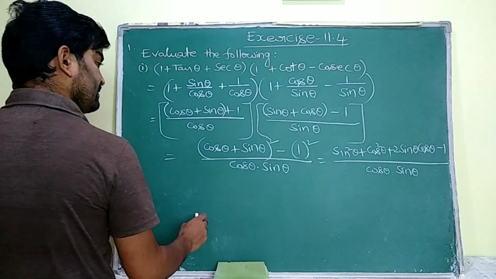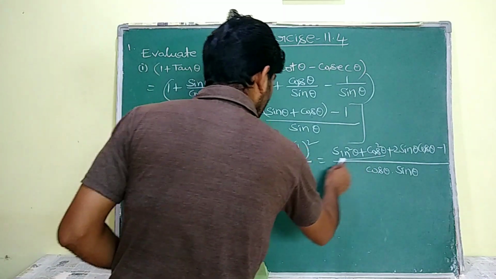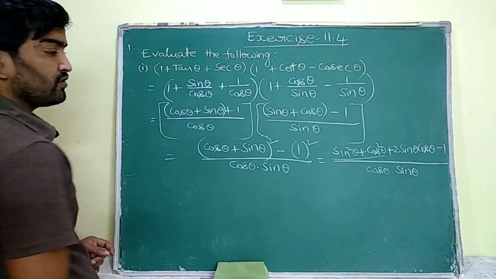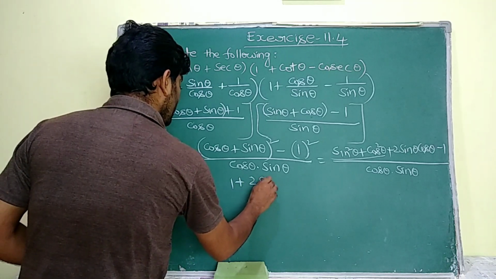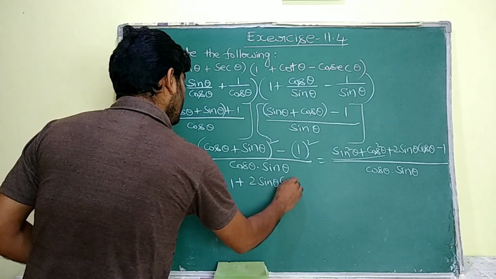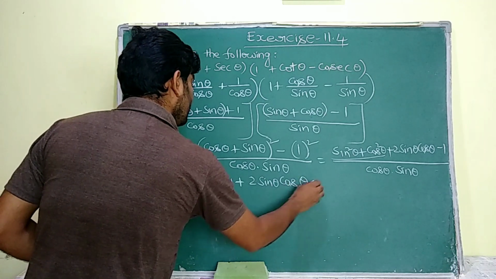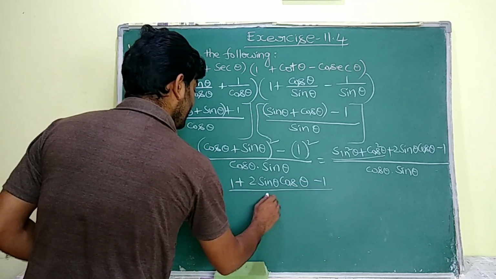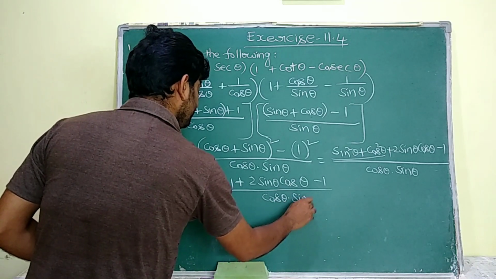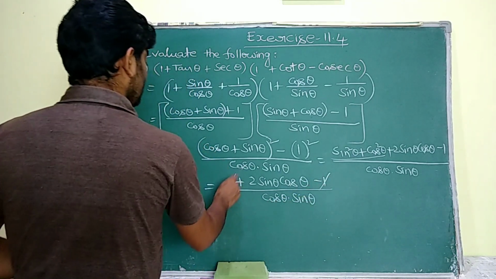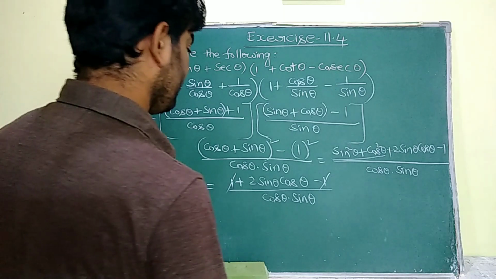We know that cos square theta plus sin square theta is equal to 1. So that is 1 plus 2 sin theta cos theta minus 1 by cos theta into sin theta. This plus 1 and minus 1 are going to be cancelled.